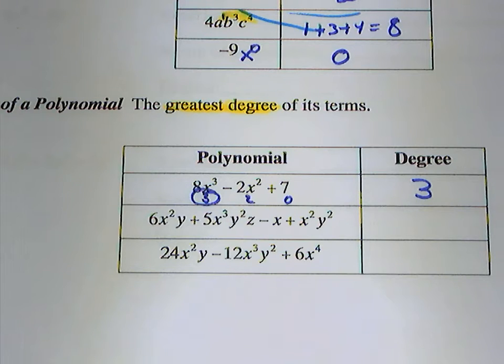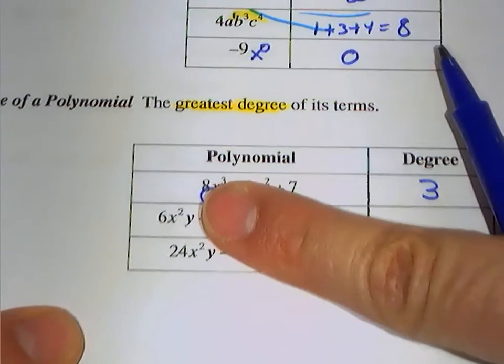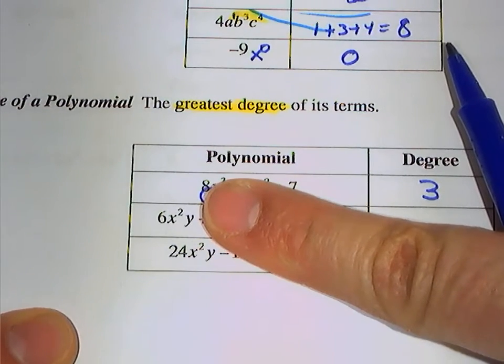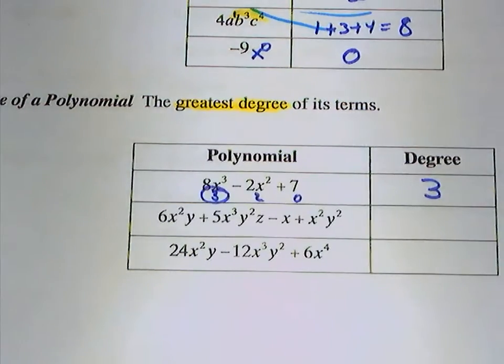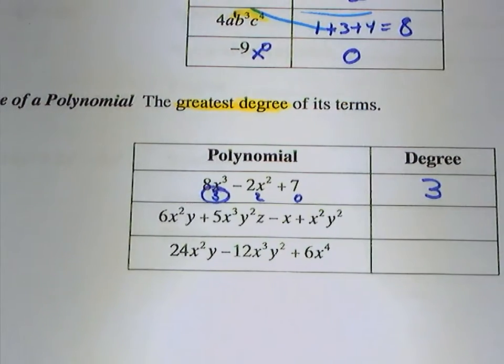Okay, so let's look at this guy. So I cover these guys up. I have 6x squared y. What's the degree of that guy? I had a question on that. Oh, you have a question? Yes, sir. So for the 8x to the power of 3, how is that more steps than the negative 2x to the 2? Because it's also the negative. Does that do anything?